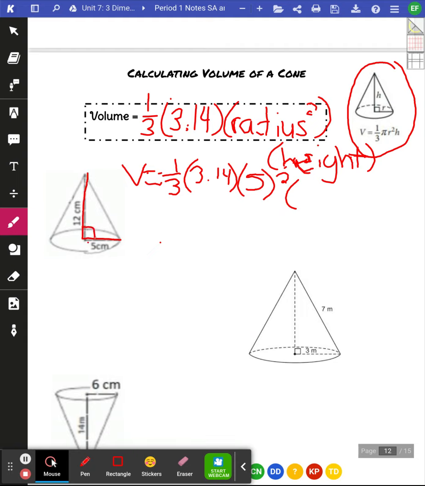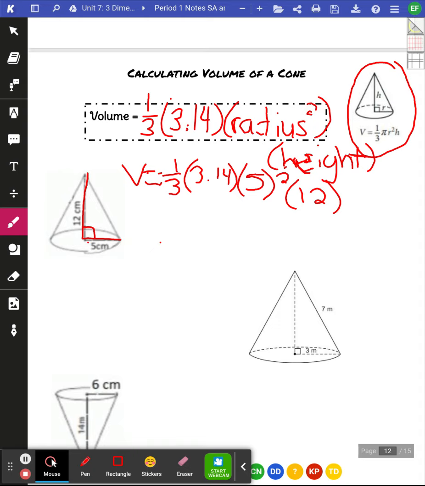Our height here is perpendicular, so let's go ahead and put 12 in there for height. And let's go ahead and enter this straight into the calculator. Remember, 5 squared, the exponent needs to be done first. So that's 25. And on my calculator, I'm going to multiply 25 times 12 times 3.14, and then divide that answer by 3.